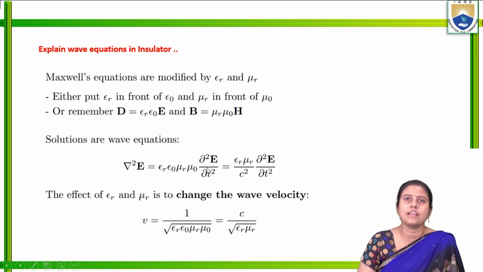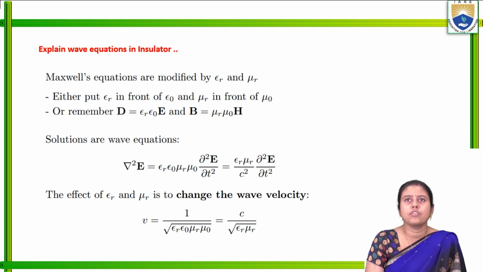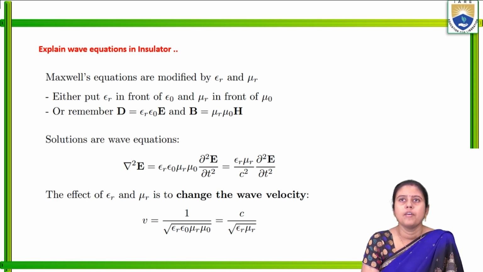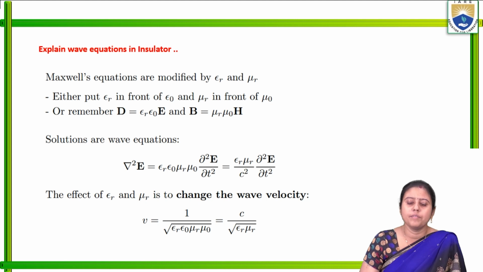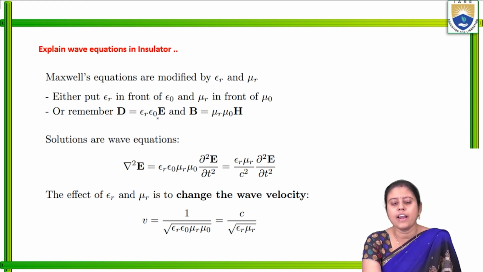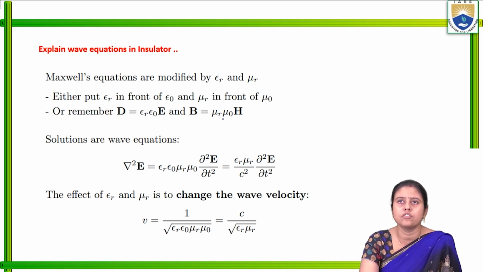Next we will discuss the wave equation in the insulator. Maxwell's equations are modified for epsilon r and mu r. So instead of D equal to epsilon naught E, we can write epsilon r epsilon naught E, and B, which we wrote previously as mu naught H, will be mu r mu naught H. So what is grad square E?